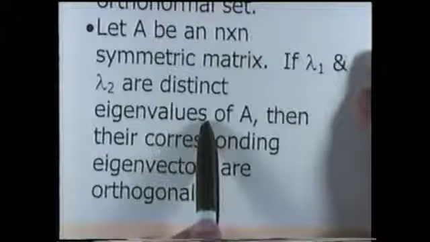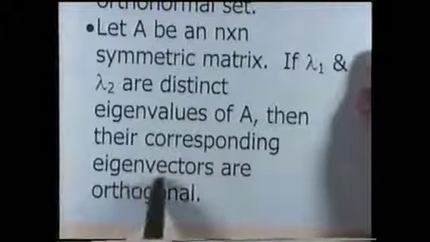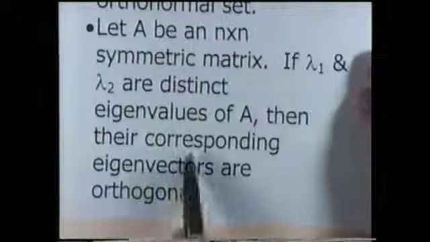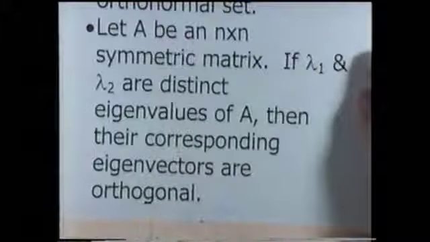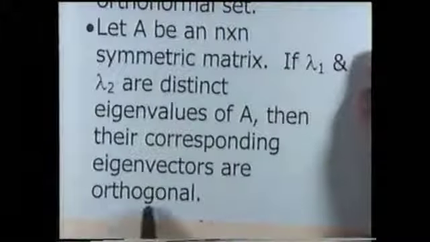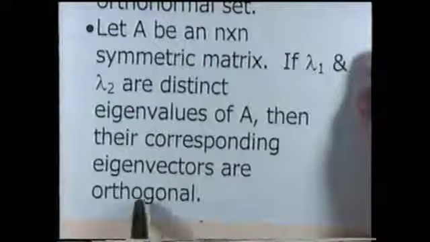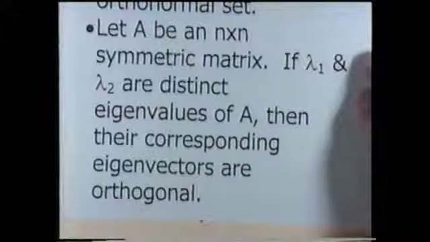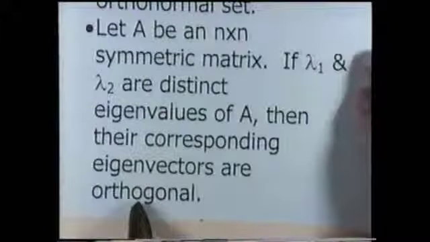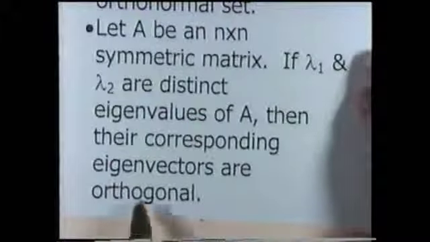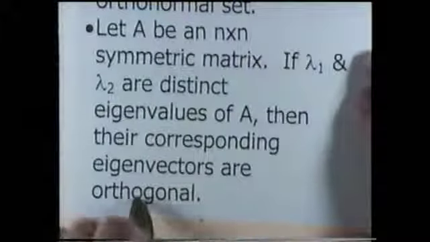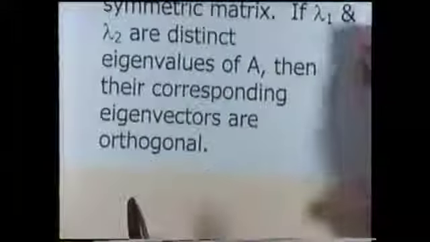So if I have distinct eigenvalues, then the eigenvectors formed from those eigenvalues are orthogonal. Of course, I can make them orthonormal by simply finding the unit vector having the same direction. I would just need to make the vector into a unit one by dividing by its length.